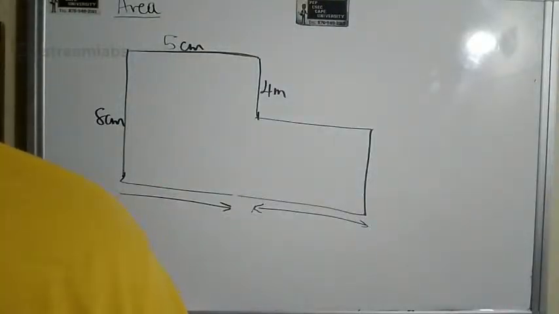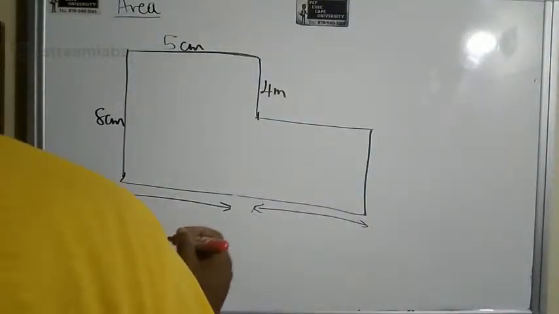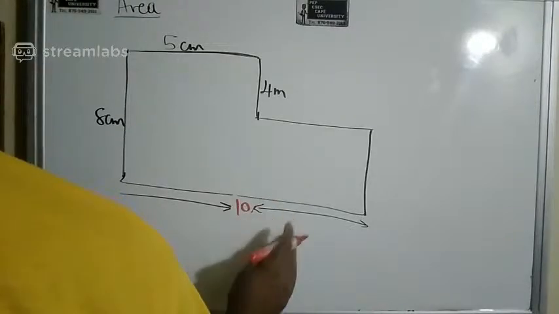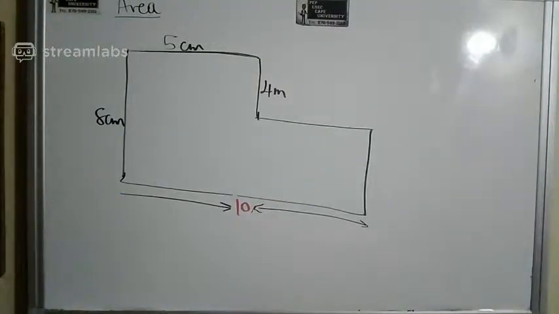From right here to right here is 10. Alright, so let's go now. Not sure how you guys did it. By now you should have finished it, paused the video and come back.